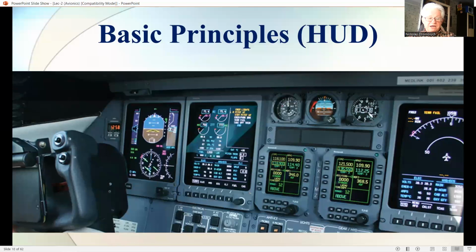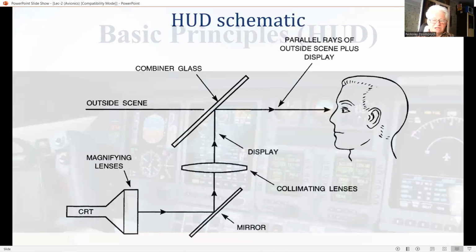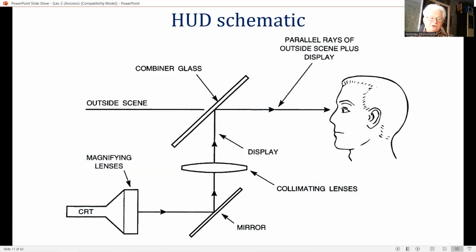The basic configuration of a HUD is shown schematically in the next slide. The pilot views the outside world through the HUD combiner glass and windscreen.